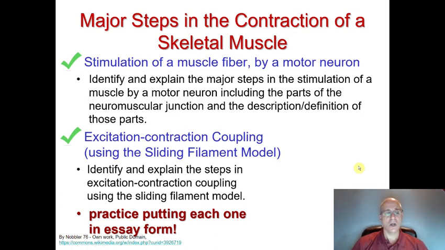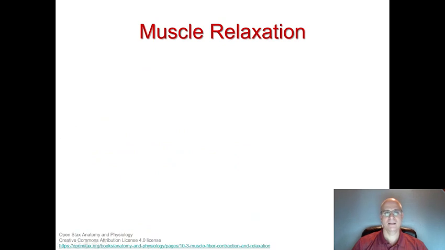So please practice putting each one in essay form. So I'm going to give you a chance to stop the video and go back and review if you like. Otherwise, if you're feeling good, we're going to talk about the next topic, which is muscle relaxation.